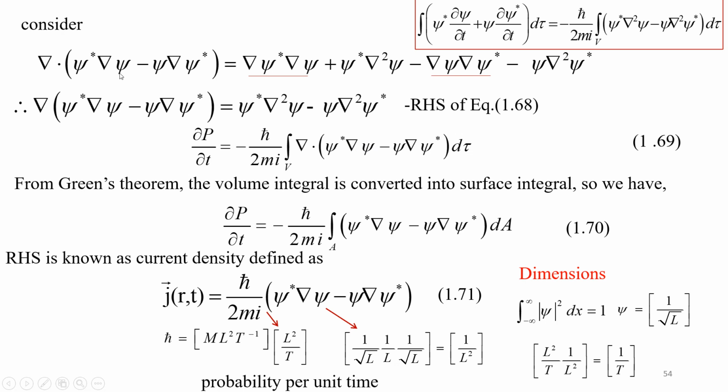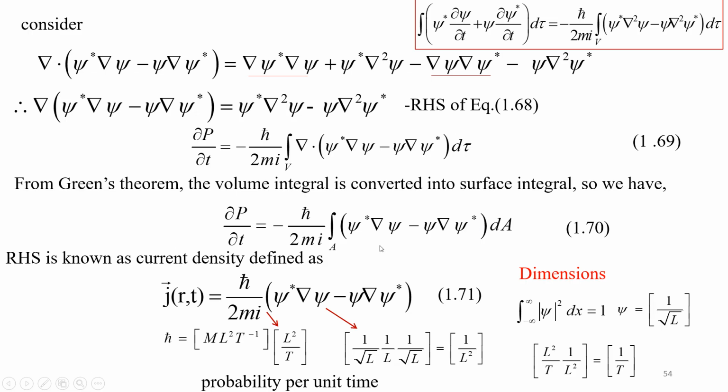So we have considered this term, and it can be replaced exactly by this term. From Green's theorem, this volume integral is converted into a surface integral, so dτ becomes dA. So dP by dt is equal to minus ħ divided by 2mi integration over A of (ψ star del ψ minus ψ del ψ star) dA.